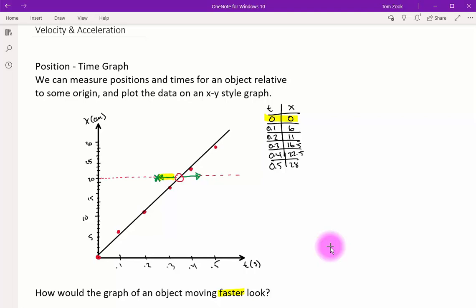So what if we held 0.2 seconds as our constant? In 0.2 seconds of time, our ball rolled about 11 centimeters. Well, if we were moving faster, should we have a position that's greater than or less than the 11 centimeters? Where should we be if we were moving faster?